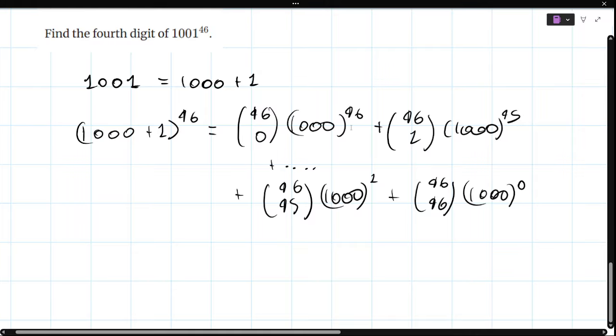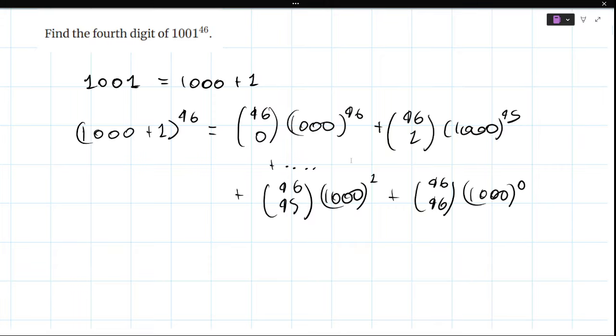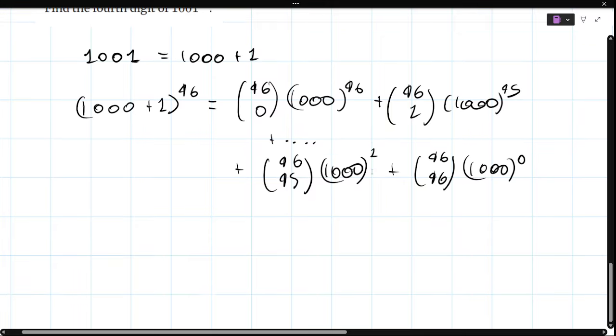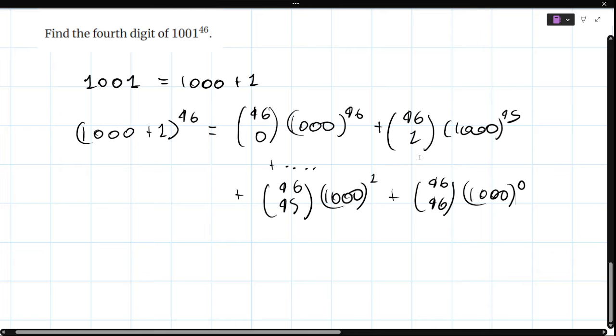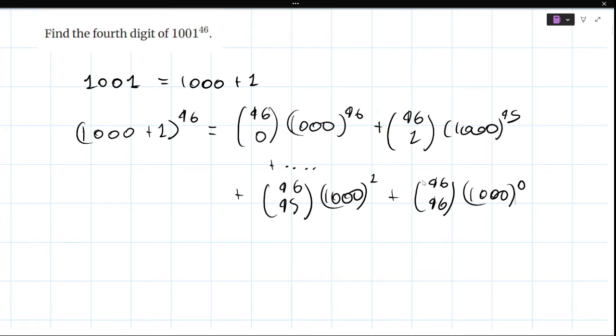That would be tedious. It's actually quite a trivial job, but it's quite a boring job and not what the question is asking. So we are concerned only with all the terms that contribute towards the fourth digit.